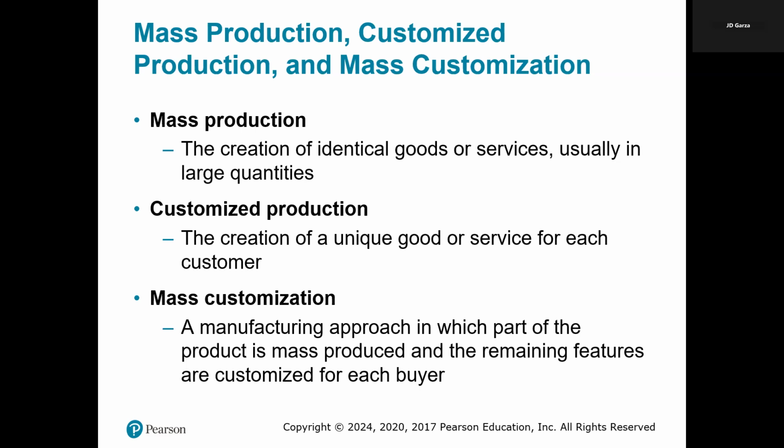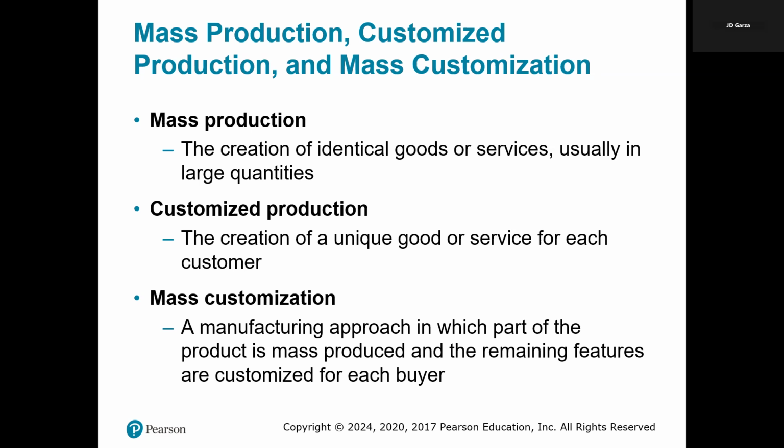Okay. So, in summarizing all of this, these three, mass production, customized production, and mass customization, represent different approaches to meeting customer demand. Keep in mind that mass production emphasizes efficiency and consistency by creating large volumes of identical goods, making it cost effective. Customized production, on the other hand, focuses on individualization, tailoring each product to specific customer needs, offering greater personalization, but at a higher cost and slower speed.